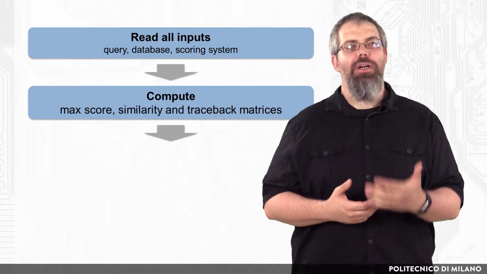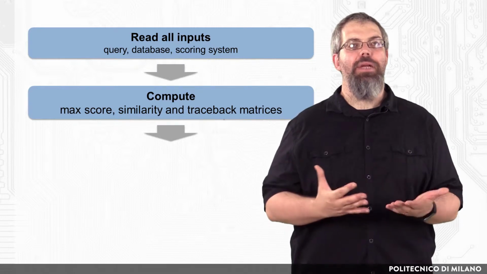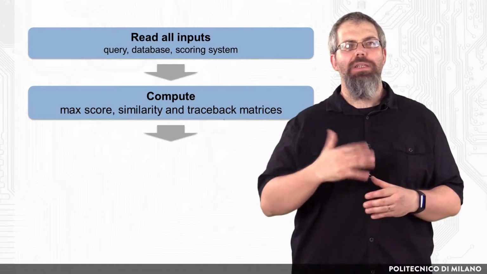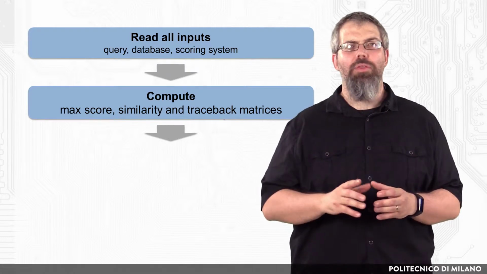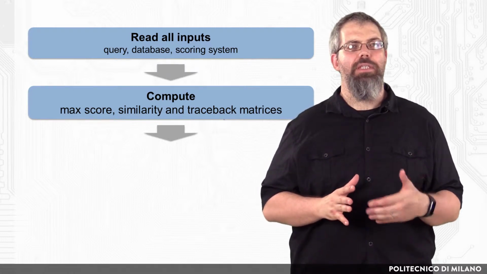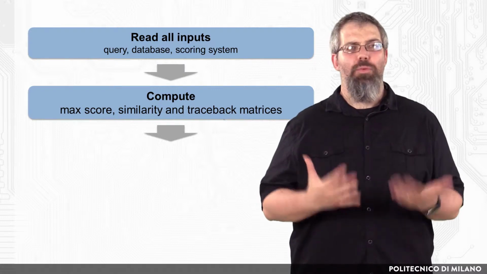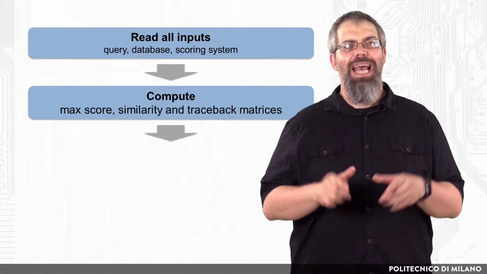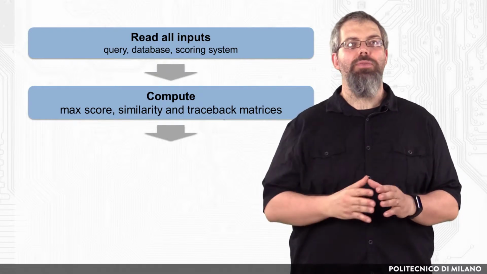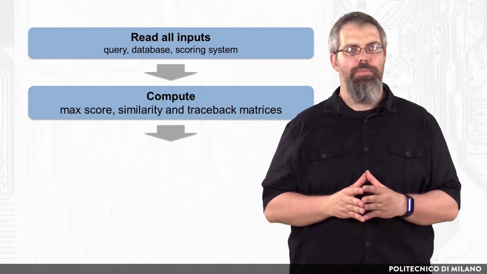Let us now start defining what happens in the matrices calculation step, where the similarity and the traceback matrix are created. It's worth mentioning that during the calculation of the similarity matrix, it is also needed to keep track of the index of the maximum element found, as this value is going to be used for the second step of the algorithm.